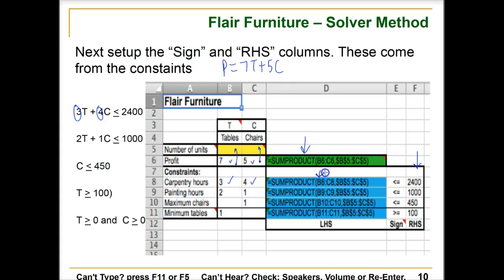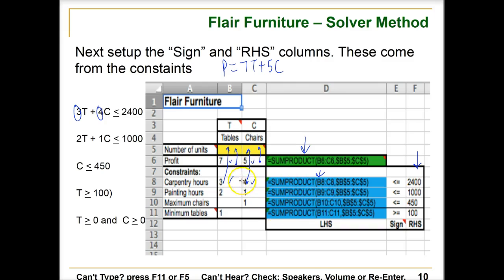What this is doing is calculating how many hours we are actually using at the company. So this is 3 times the number of hours that we use to make the tables, carpentry hours, and 4 times the number of hours that we spend on the chairs.